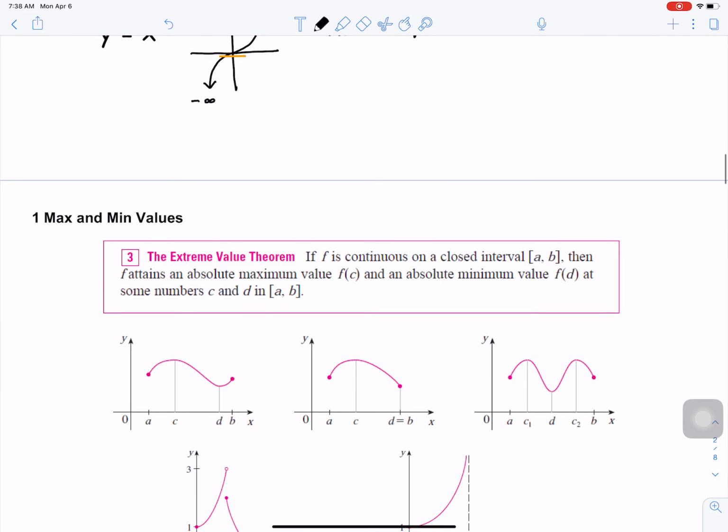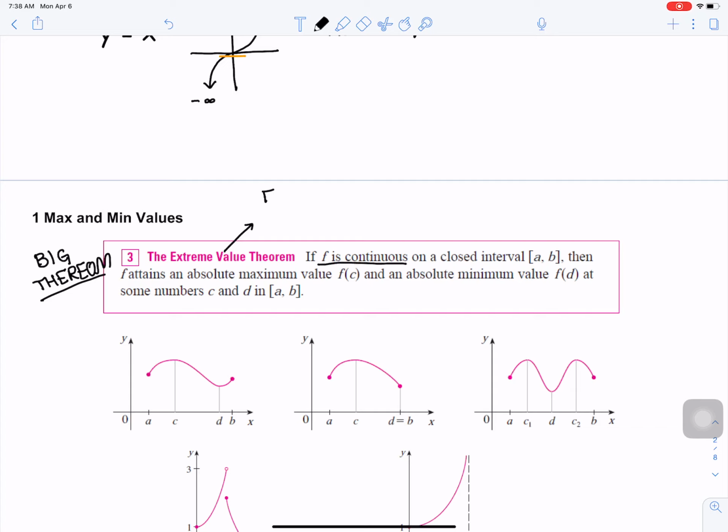Now, this is your first big theorem. This theorem is called the extreme value theorem. What it tells you is that the function has to have a maximum and a minimum on a closed domain, provided that the function is continuous.